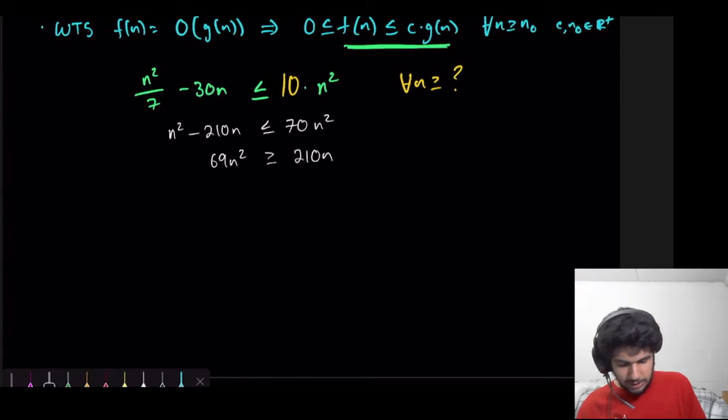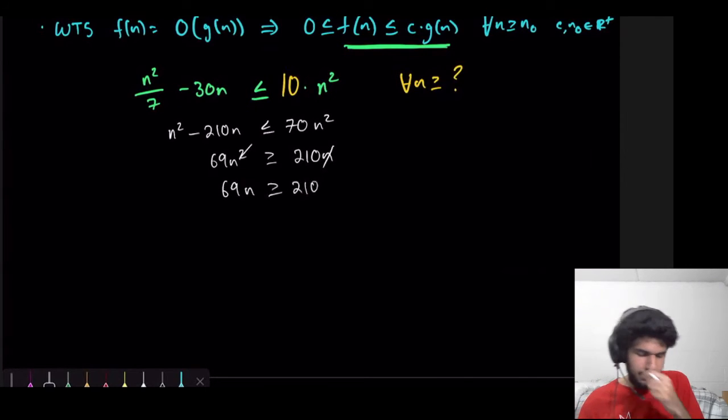We can cancel an n on both sides and get 69n is greater than or equal to 210. And then we can do our division. Sorry, wait, this should be a negative 210. We can do our division and we'll see that n is going to be greater than or equal to some negative number. But, I mean, sure, that's fine.